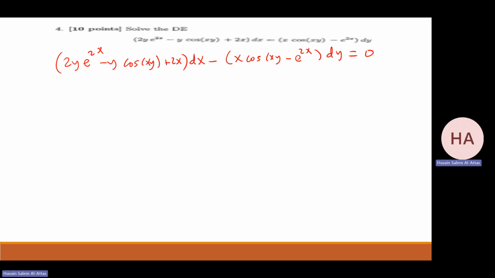Let me check. Partial M with respect to y, it will be what? 2e to the power 2x, then minus cosine xy.